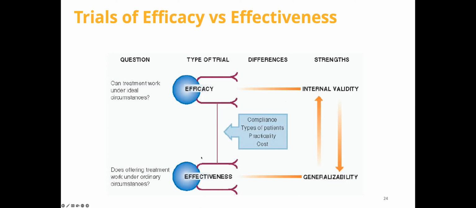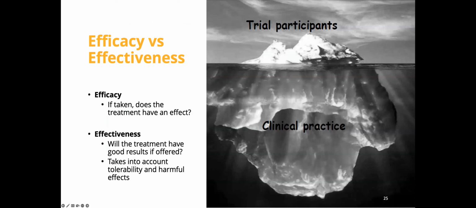So things like loss to follow-up or unblinding of patients can happen more often in clinical trials related to effectiveness, whereas we can control these types of things a little bit better in clinical trials of efficacy. So again, efficacy is all about, if a medication is taken, does the treatment have an effect?